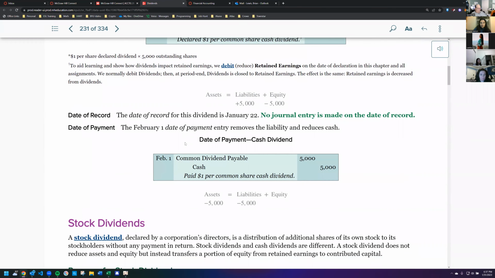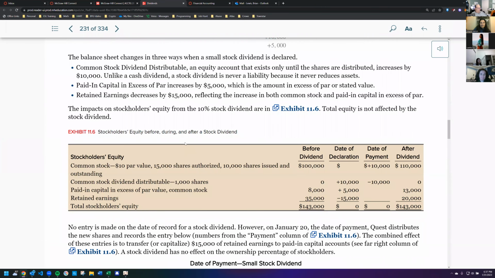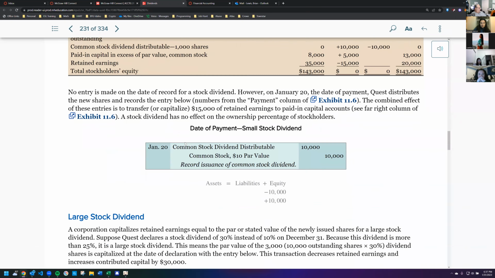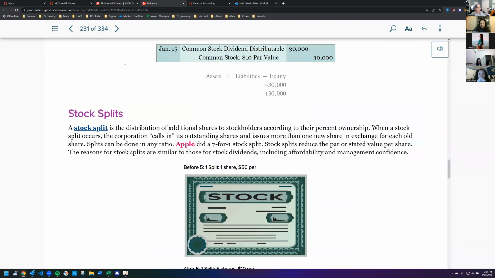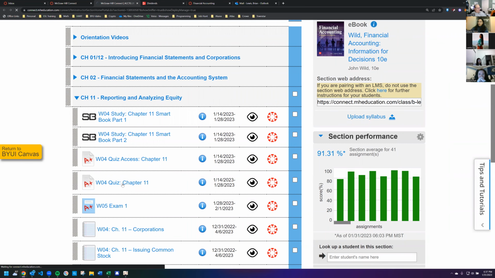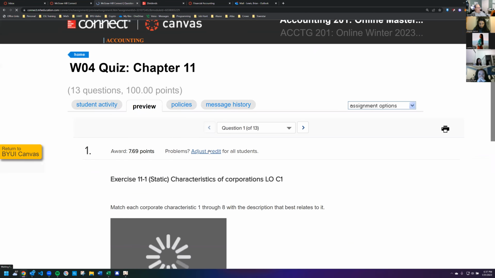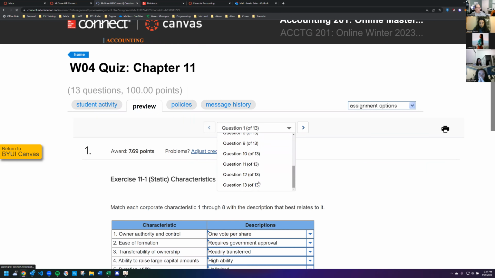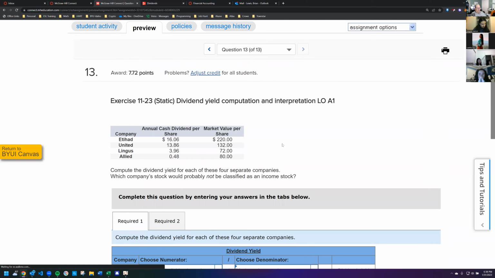Let's see if we can find an example that walks us through a full life cycle of that. Okay, not that one. See if we can actually find a sample question on that. It might be easier to walk through something you'll actually see on the exam. Dividend yields.